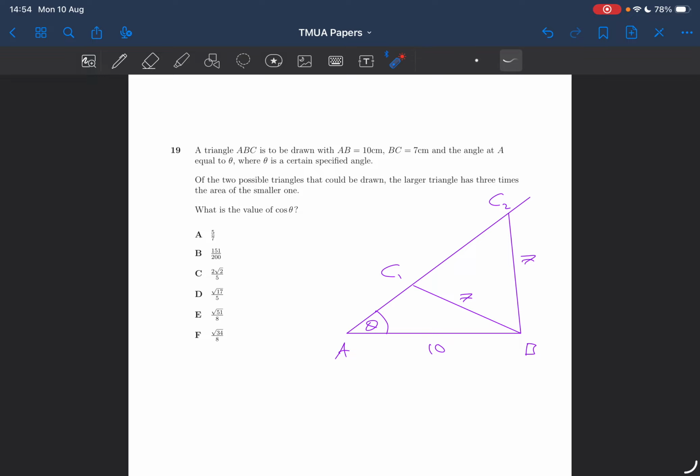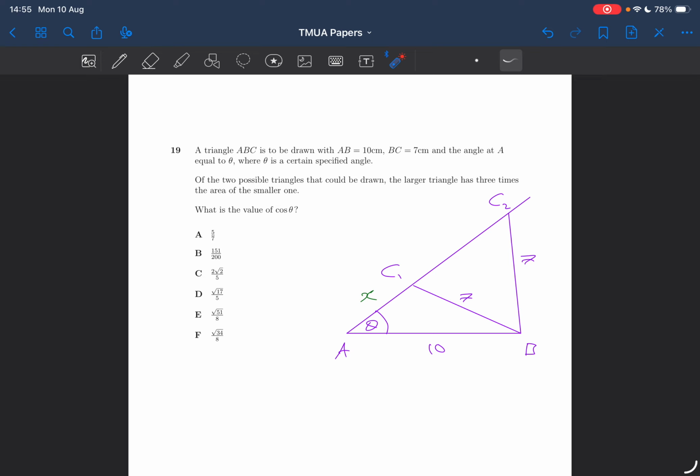So one thing we can do is get the cosine rule for both of them. But before we do that, it's quite nice to actually have like ways to express these lengths. So I'm going to call this one x. And let's just think quickly about like, the only things we know, the larger one is 3 times bigger than the smaller one. How do we work out the area of a triangle?